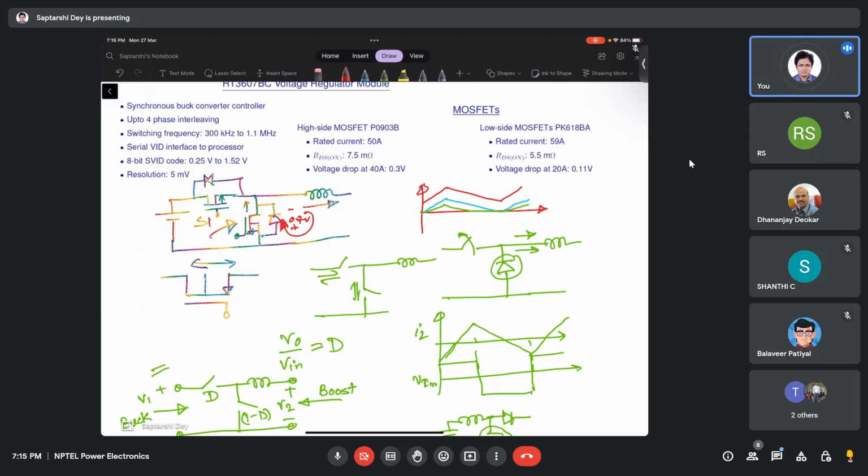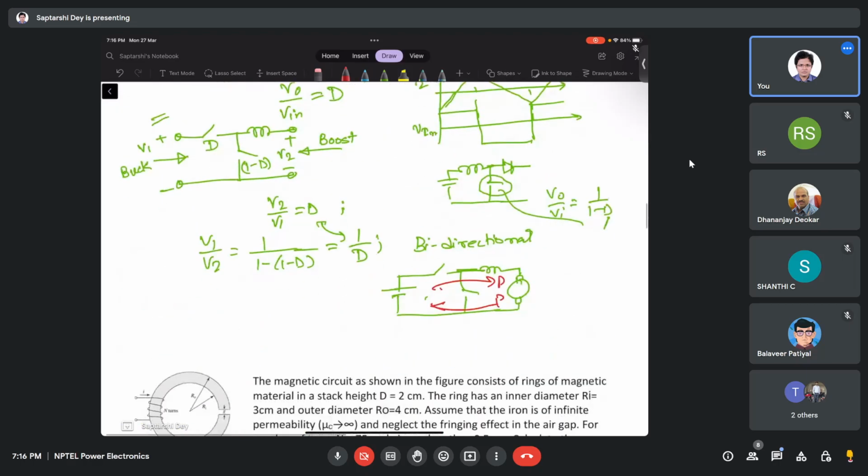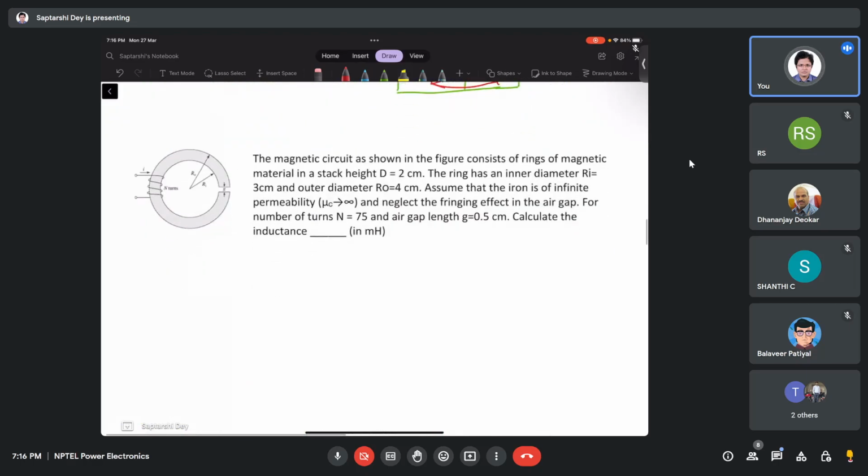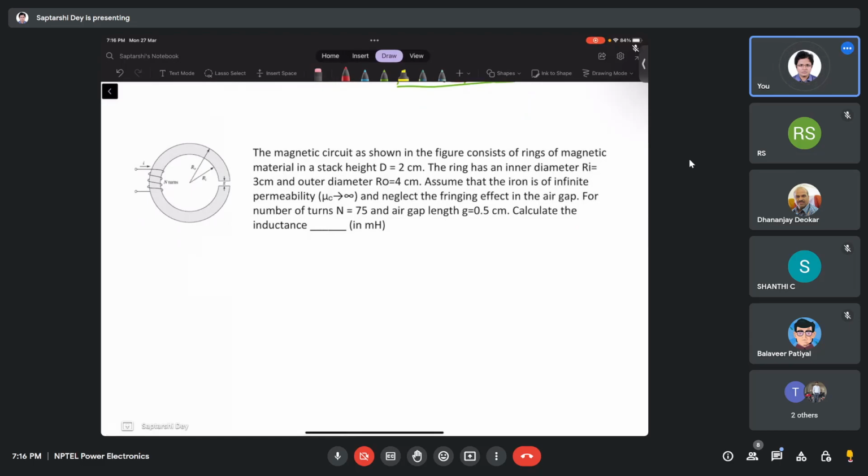So this switch more or less goes through a ZVS turn on. So the switching loss is less. Anything else, or do we now have to jump into the questions?